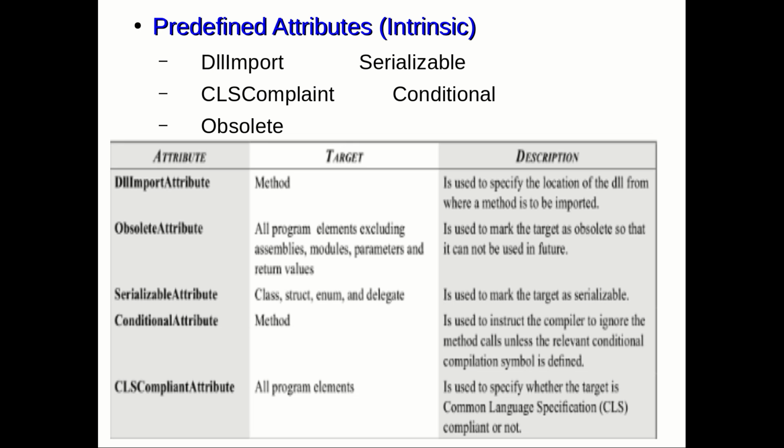This kind of information you can share with the user by making use of attributes. So attributes are nothing but objects that give information about an element in a program.